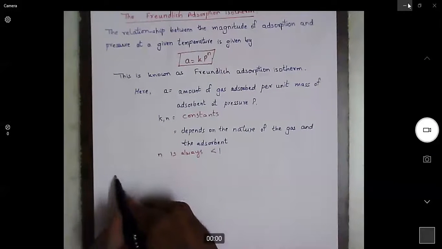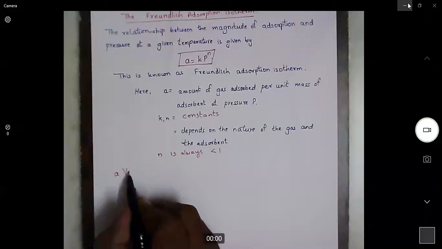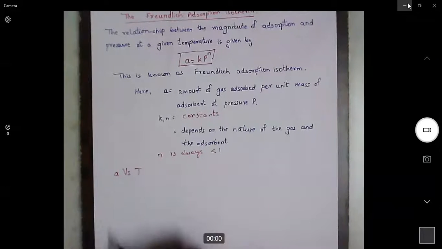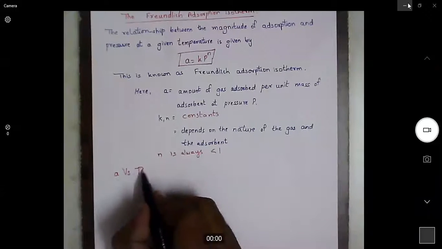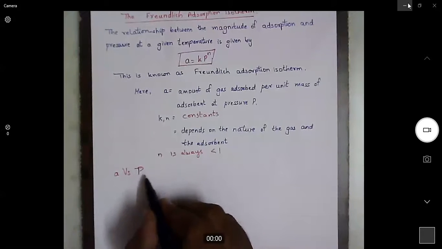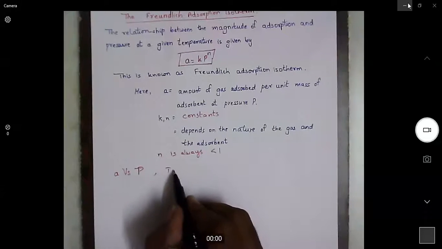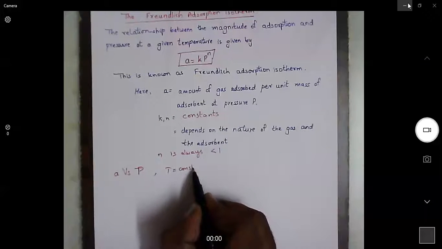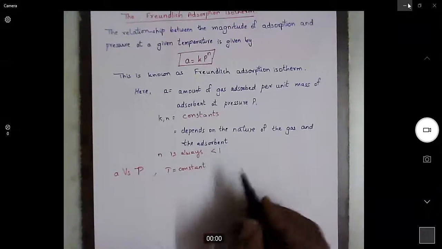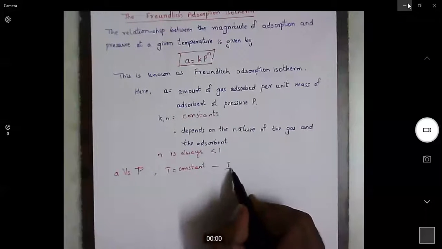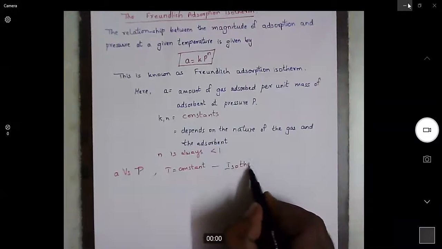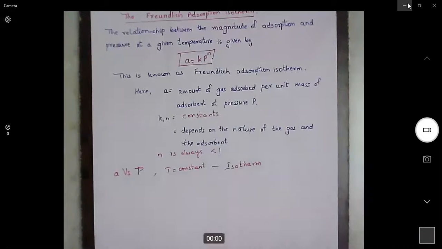First, we will look at amount of gas adsorbed versus pressure. Because A and P are variables, we can take T as constant. When T is constant, the graph is called an isotherm.